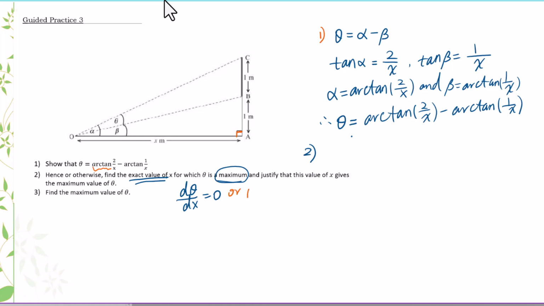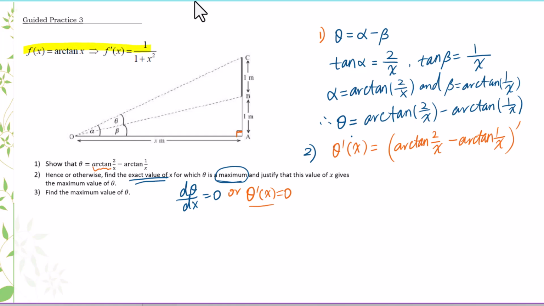Or you can use this notation, theta prime of x equals 0. We will use this notation. Theta prime of x equals the derivative of arctangent 2 over x minus arctangent 1 over x.